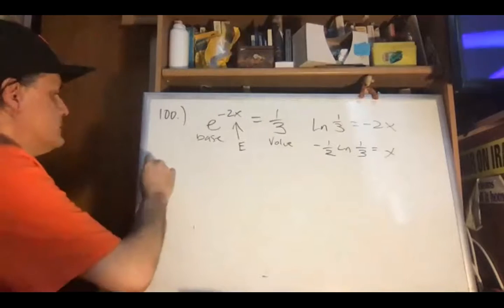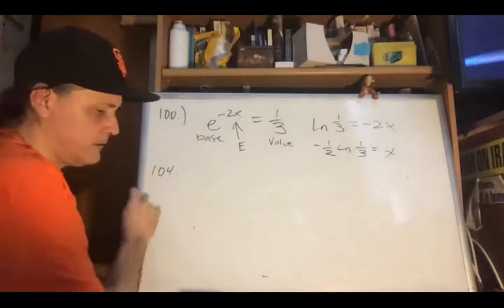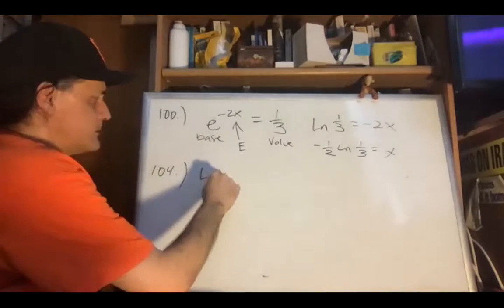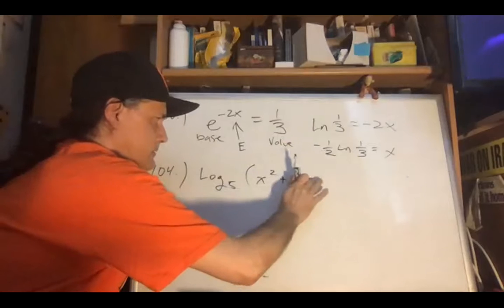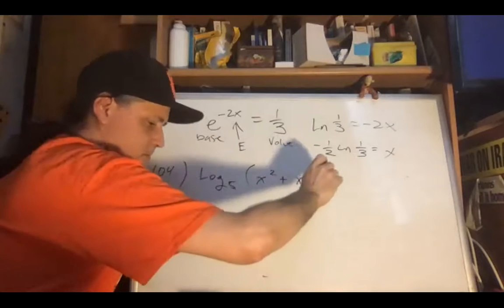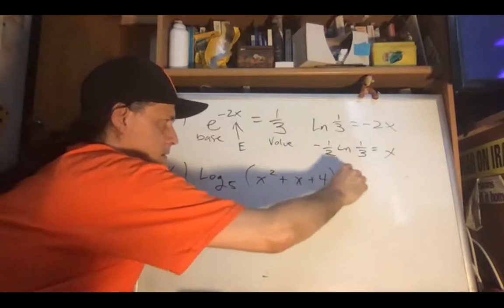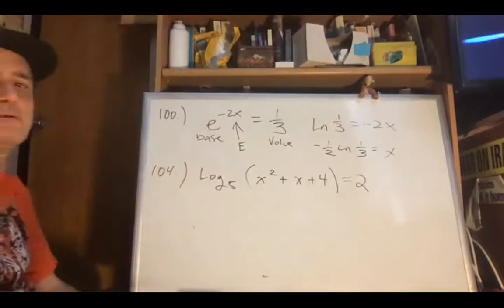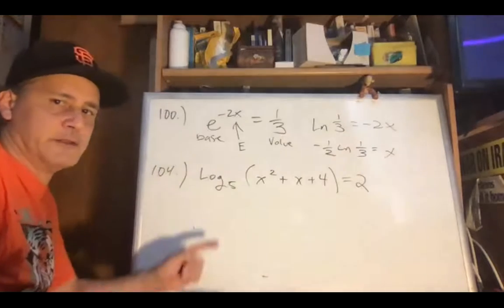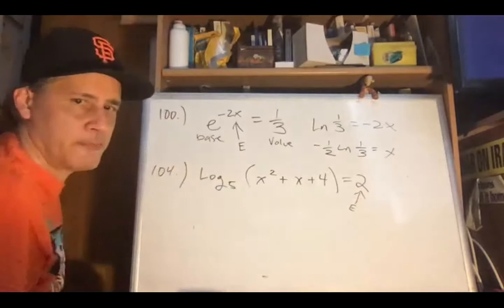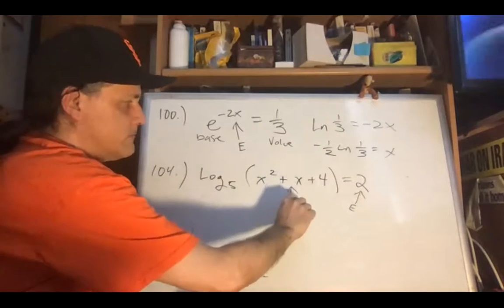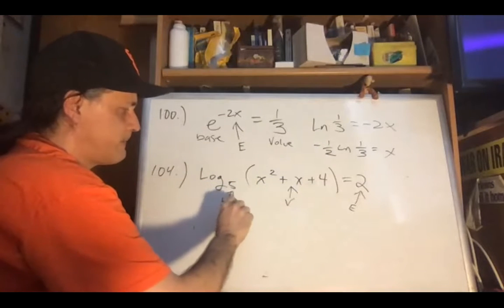All right, and then the next one, 104, this was a more involved log expression. Okay, so it's a little more involved, but it's the same kind of idea. Whatever the log equals is the exponent, the value, and then here's our base.